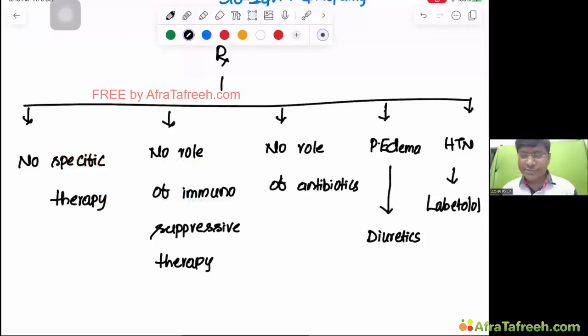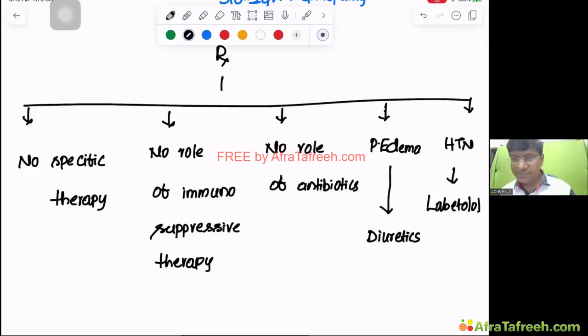In aortic dissection, what is the most common risk factor for its development? Very good, Vinita and Hari. That is hypertension. Hypertension is the most common risk factor. What are the connective tissue disorders which can cause aortic dissection?